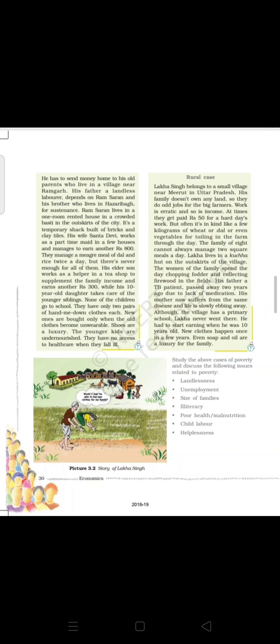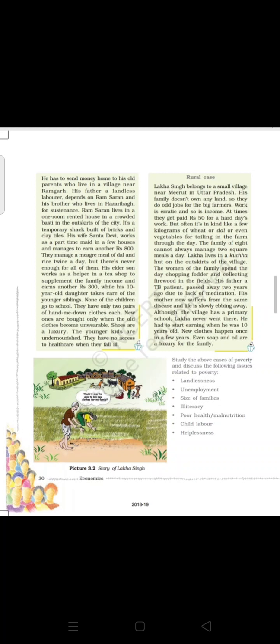Ramsaran lives in a one room rented house in a crowded basti in the outskirts of the city. It's a temporary shack built of bricks and clay tiles. His wife, Santa Devi, works as a part time maid in a few houses and manages to earn another rupees 100.